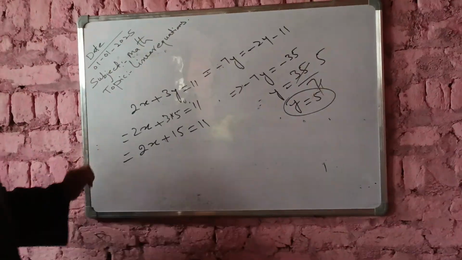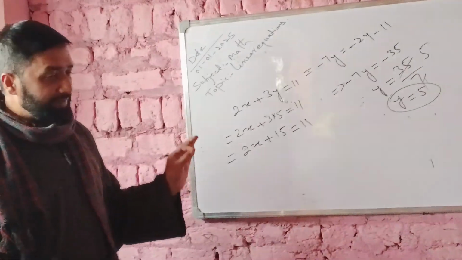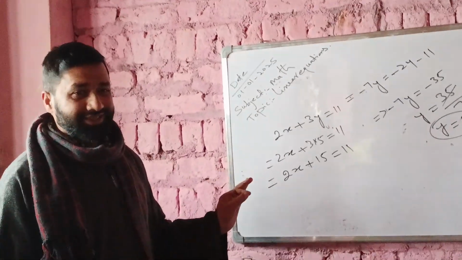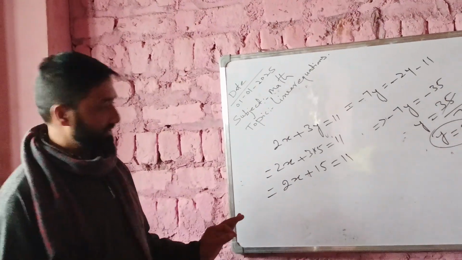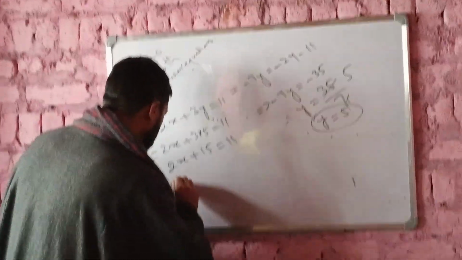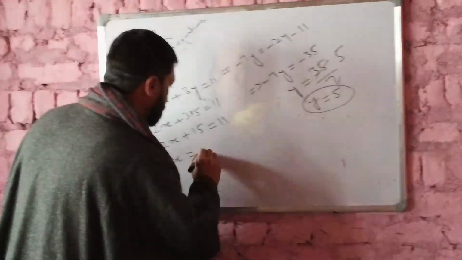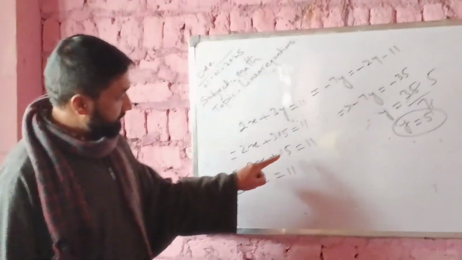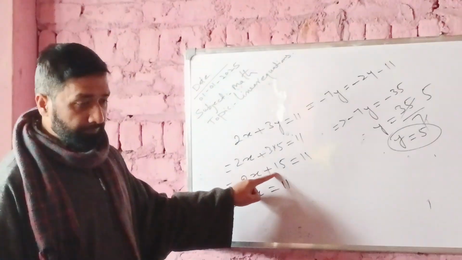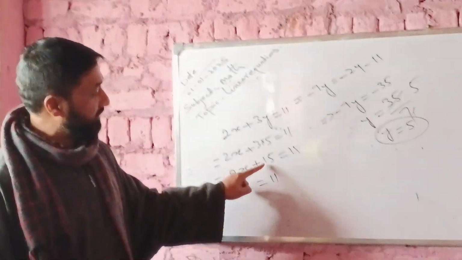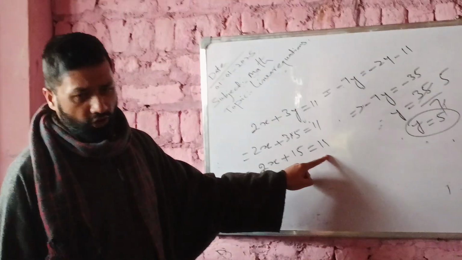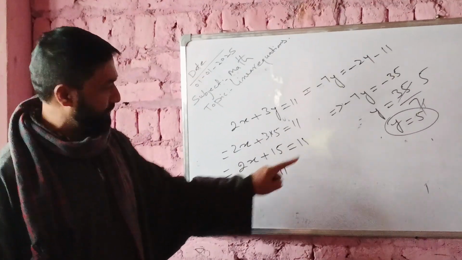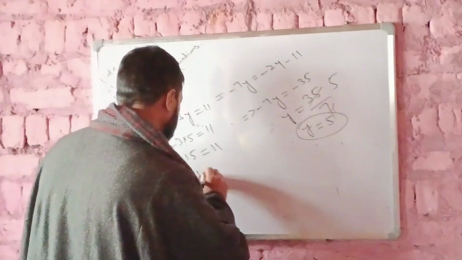Okay? Now, let us separate the constant terms from variable terms. 2x is equal, here it is 11. When you take this value from the left hand side of the equation to the right hand side, obviously its sign will get changed. So it will become minus 15.